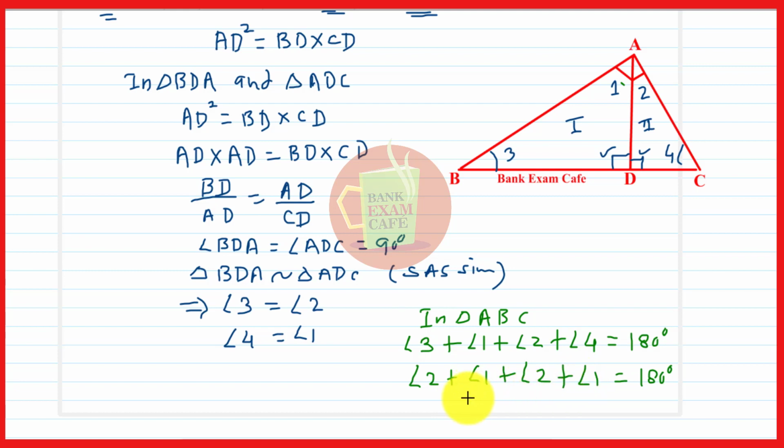Now angle 1 plus angle 1 is twice angle 1. Angle 2 plus angle 2 will be twice angle 2. So it will be twice of (angle 1 plus angle 2), which is equal to 180 degree.